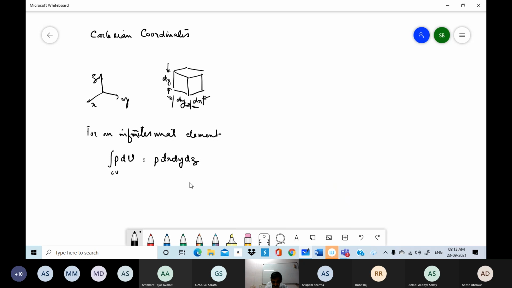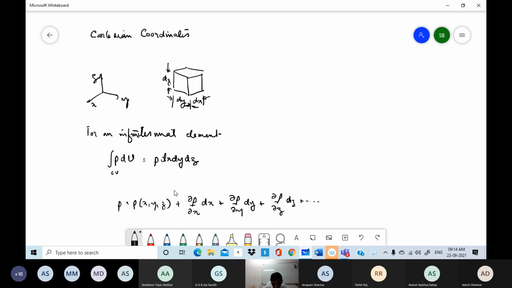So in general, you would have an expansion like this, where x, y, z is the coordinate of the center, plus higher order terms.